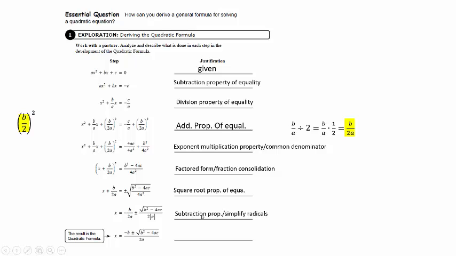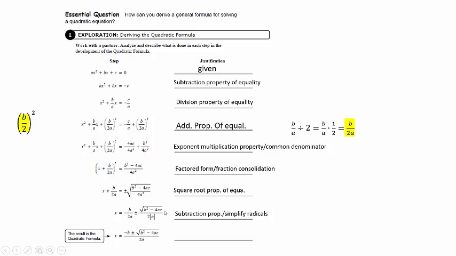So I'm going to classify that as the subtraction property of equality, and they also did some radical simplification. Now I realize this may look confusing because you're like, well, isn't the square root of 4a squared just 2a? Technically it's 2 times the absolute value of a. And I'll go over that in a second as to why that's the case.